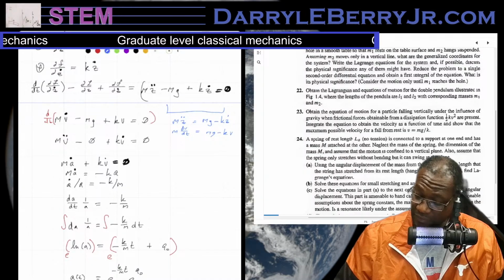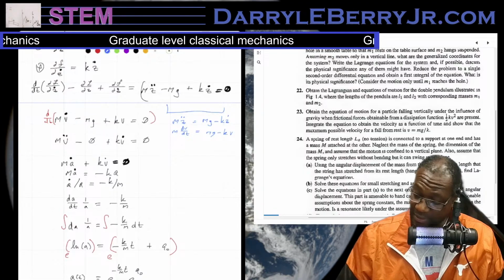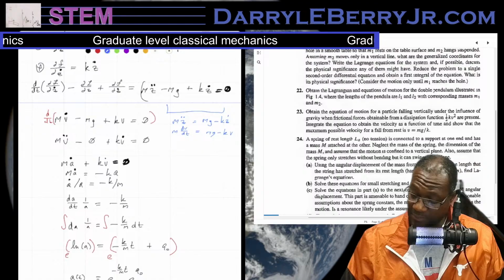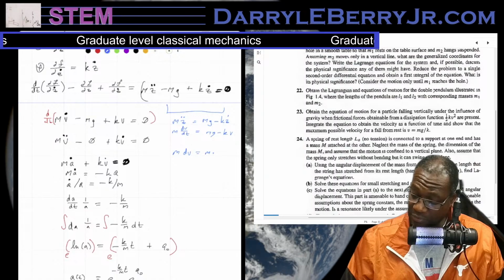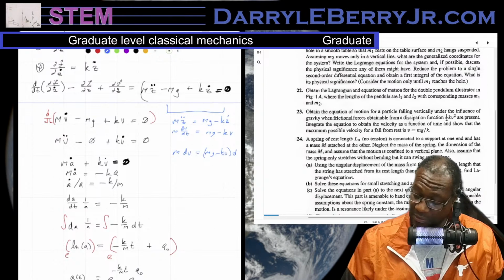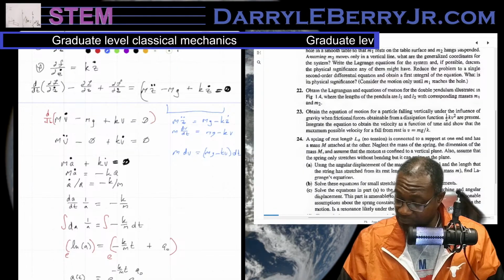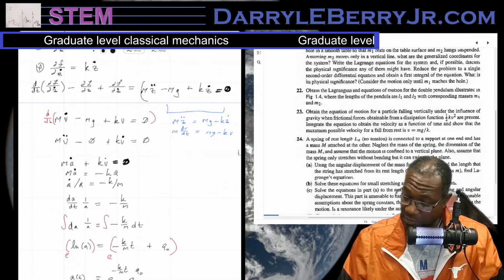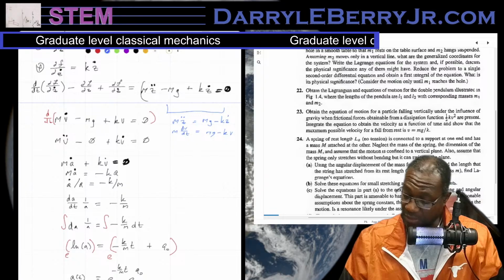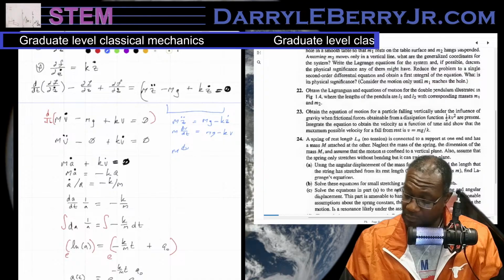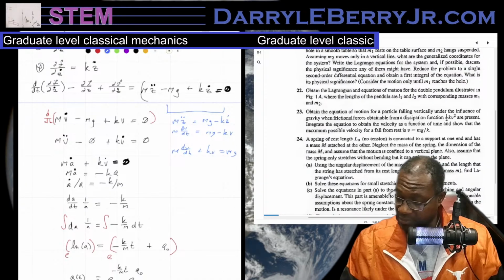Maybe I'll just leave this as v. So we have m over, see, it becomes very complicated. m dv equals mg minus kv dt, and I have a v on one side, so I can't do that. Yeah, it makes it very complicated. So taking the derivative to get rid of the constant seems to be very good.